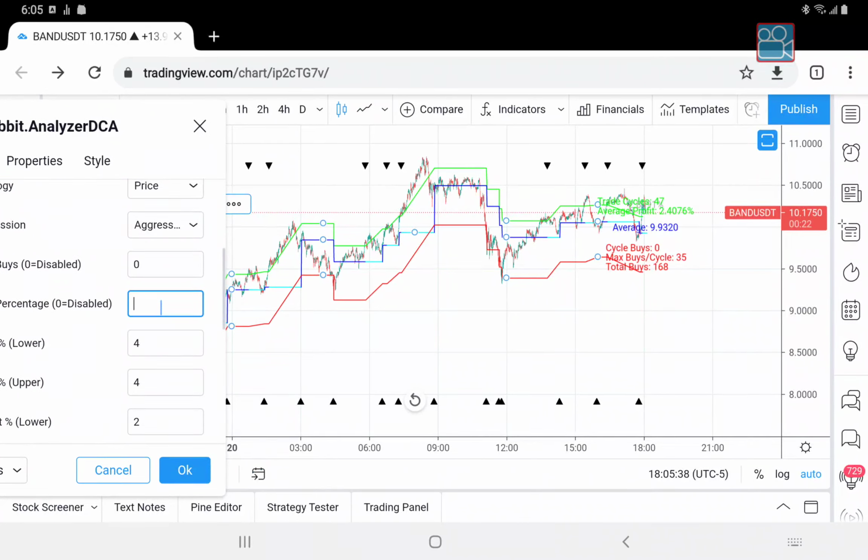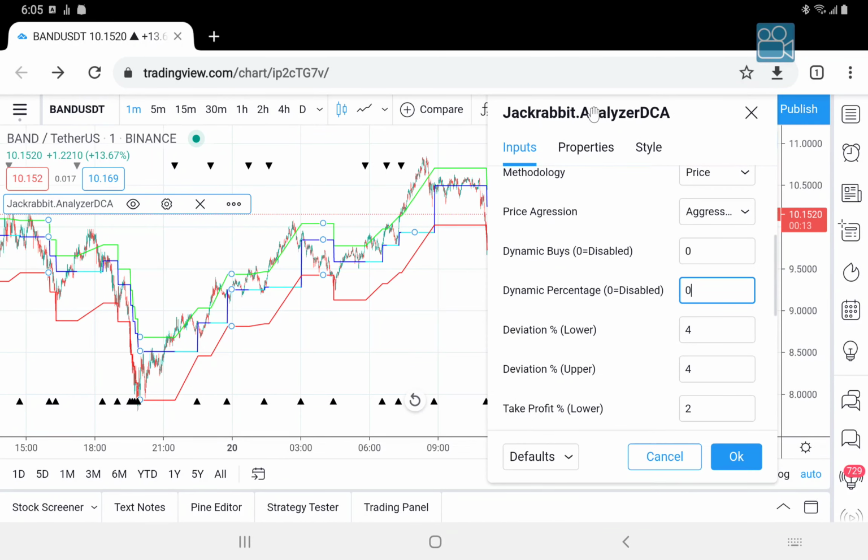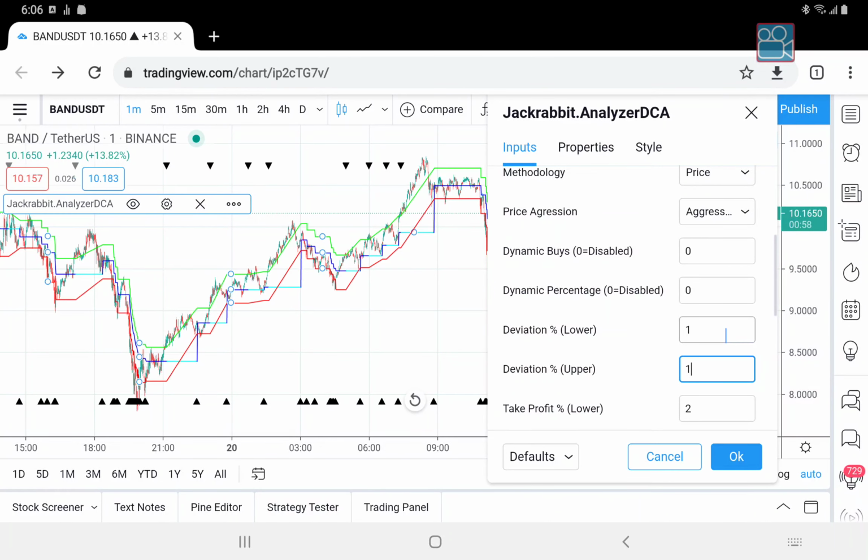Now let's turn this off, and you'll see the markers change. Trying to get to where I can show you different markers here. I'm going to drop deviation to 1% so you can see the markers really fluctuate and pile up. Okay, so you see a whole cluster of them here. So now let's change this to a 1.